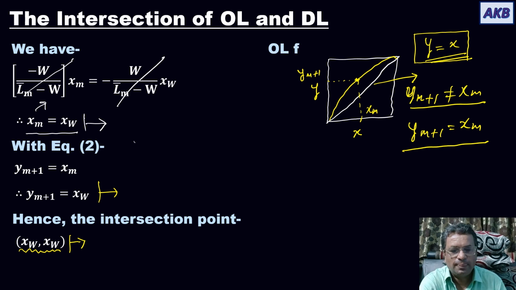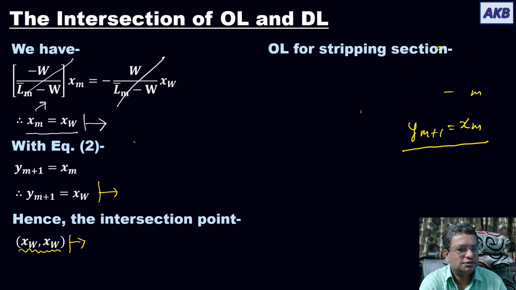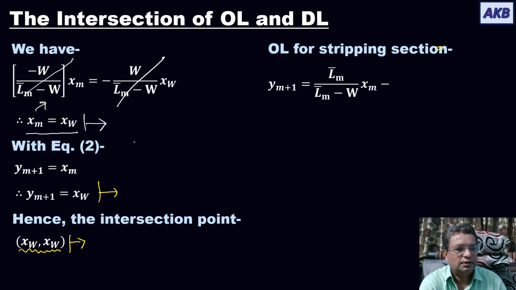Okay, so the operating line for the stripping section, we know the equation is ym plus 1 is equal to L bar m upon L bar m minus w into xm minus w upon L bar m minus w into xw.